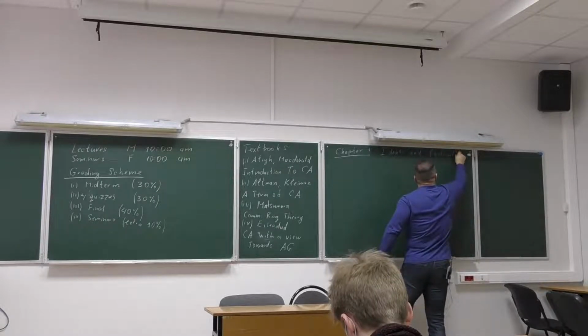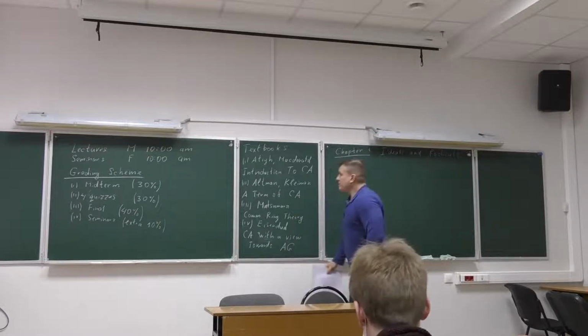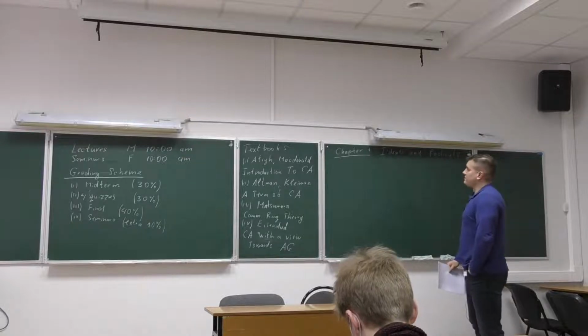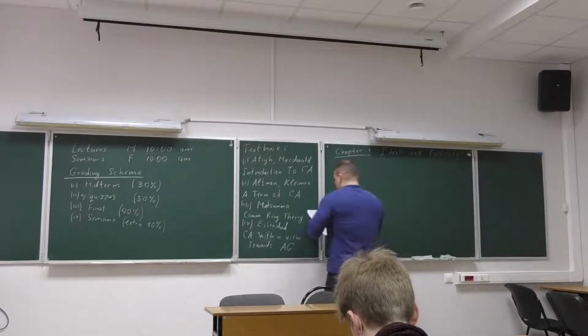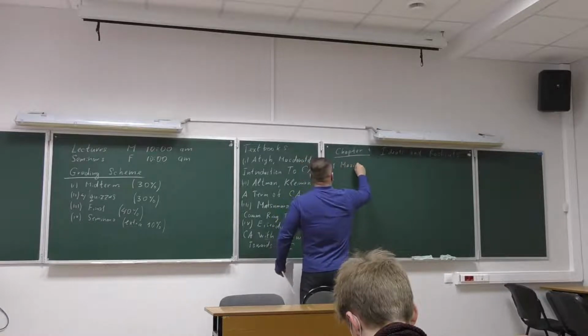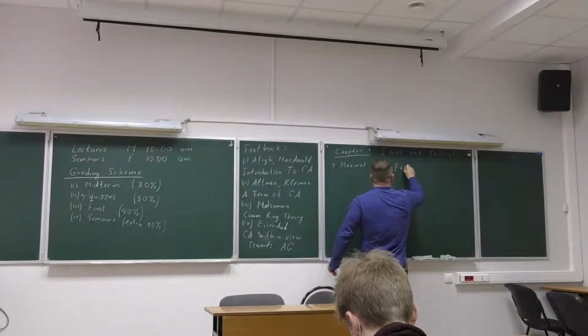Well, I can as well call this the basics of commutative rings. So we're going to discuss several quite elementary questions, but useful. They're going to use these ideas later in the course. So the first section is the maximal and prime ideals.